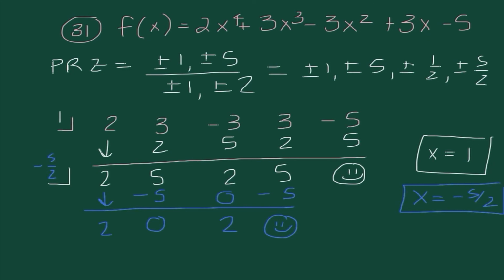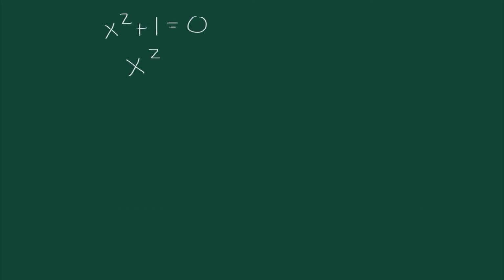At this point, I need to take this, and I'm going to write that as 2x squared plus 2 equals 0. I notice we have a GCF of 2 there, so I'm just going to make it x squared plus 1 equals 0. So I'm going to subtract 1 from both sides, and then I know that I need to square root and do plus or minus.